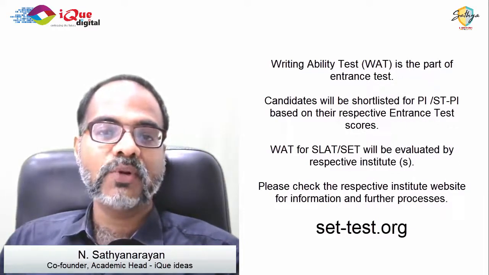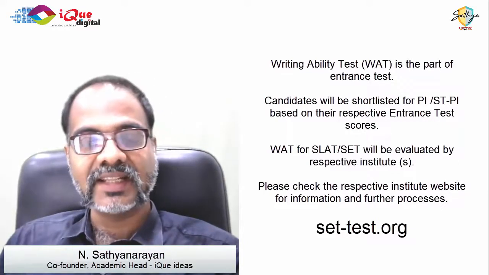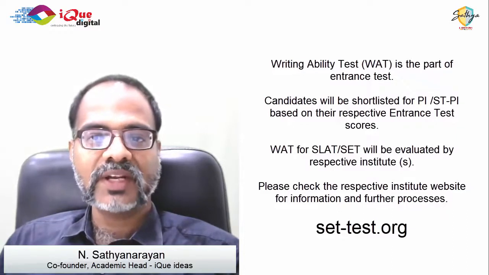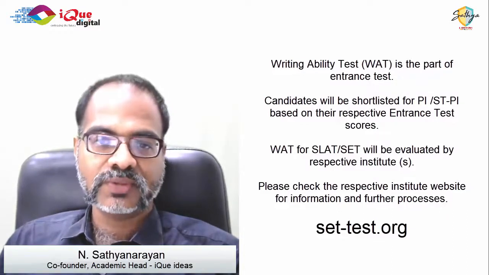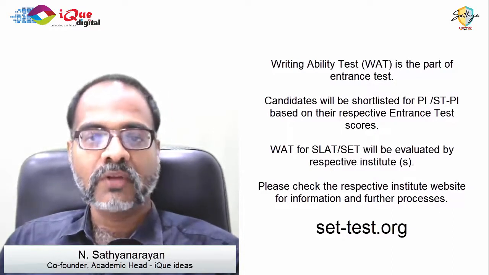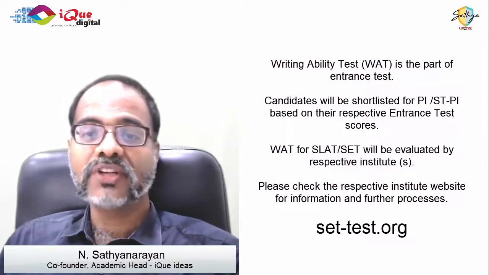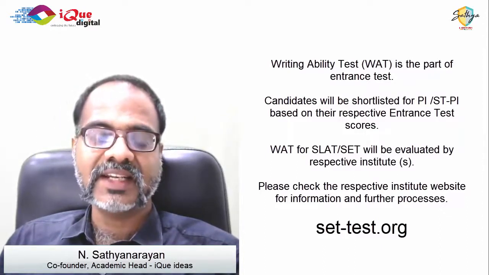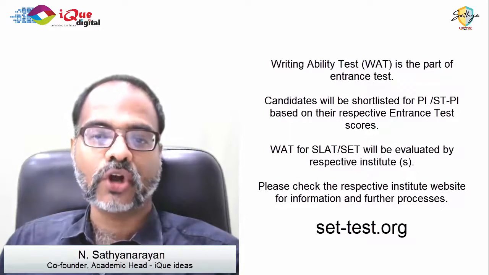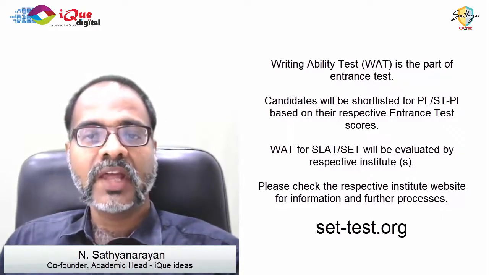And the WAT for SLAT or SET, the Symbiosis Entrance Test, is evaluated by the respective institutes. So, for all this information, you can actually visit the official website set-test.org.